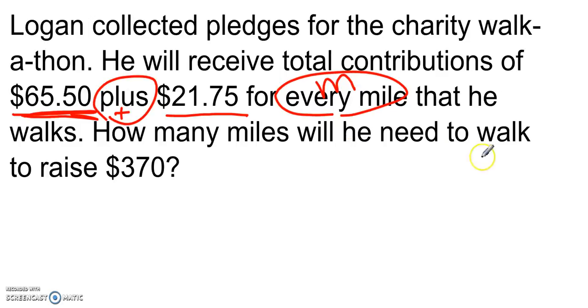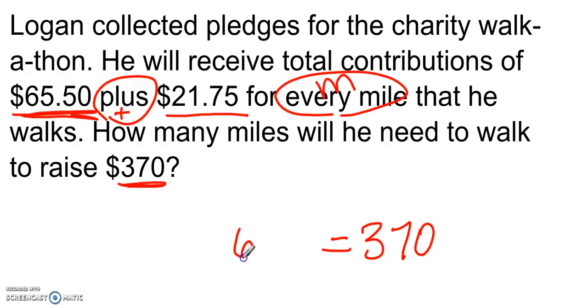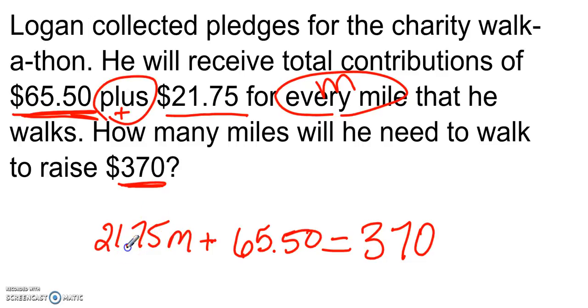How many miles will he need to walk to raise $370? So the total that we're looking for is $370, so it's going to go by itself on one side. Then we have the rest of this. We have the one-time amount of $65.50, plus he's going to get $21.75 per mile, so that would be times however many miles he walks.